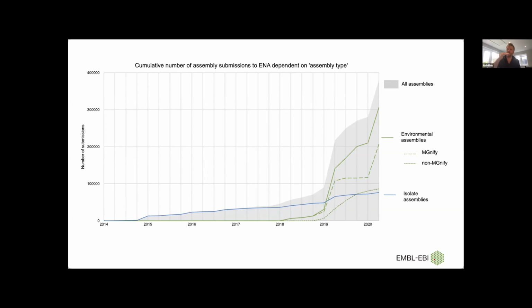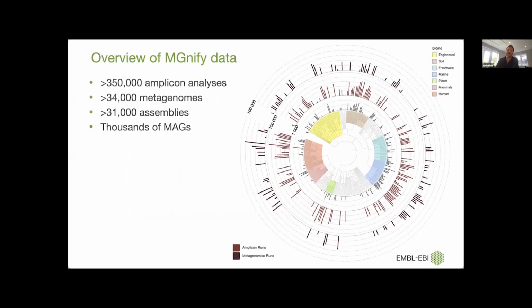The reason why that's flat is because we were actually breaking the European Nucleotide Archive systems for the numbers of assemblies that have been going in. And these assemblies have been coming in both in my research group and also for things where people have requested assembly.